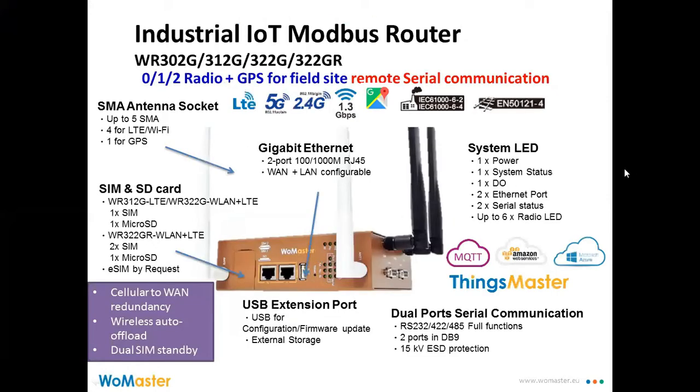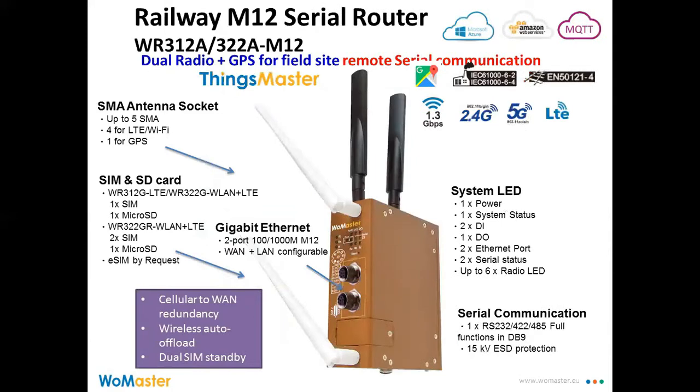So next I will introduce our devices. This device is the WR322 series. This series has a serial function, supports DMS OTA and DMaster, and also supports Wi-Fi and LTE. Next, we change the connector to M20.